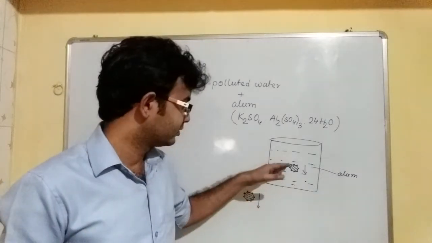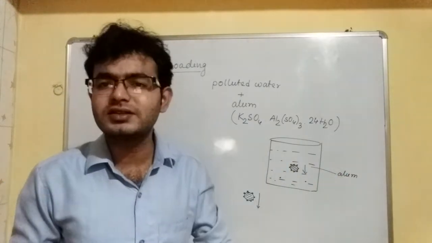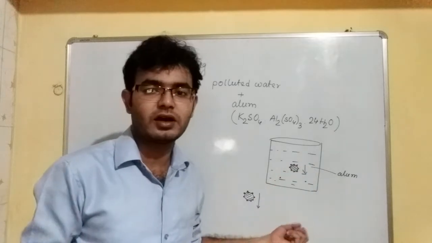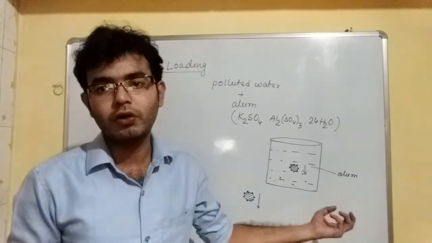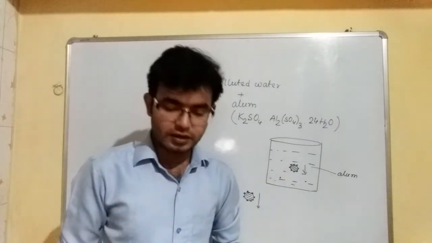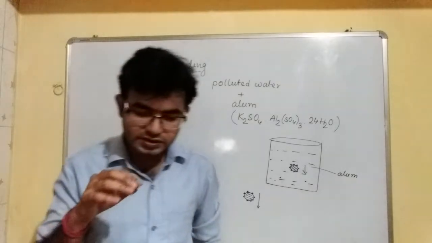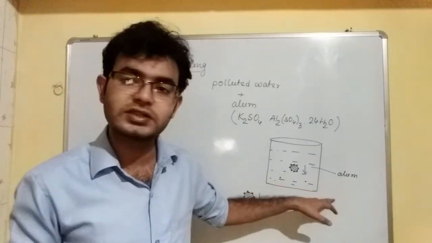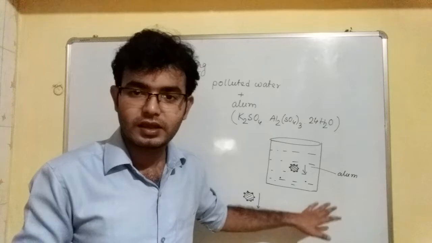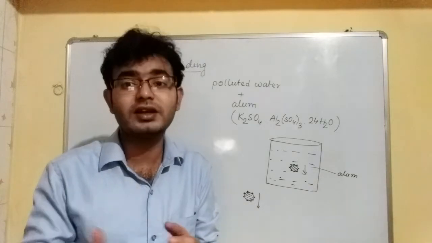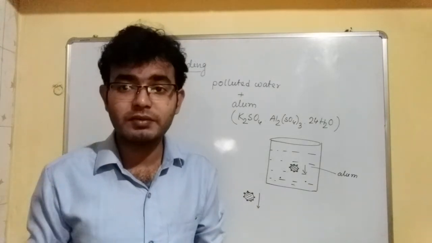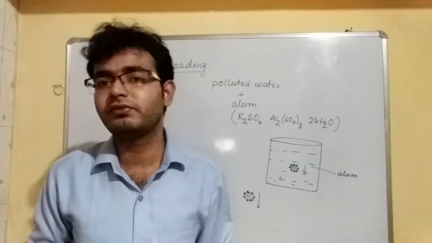Now, the small particles which were not getting settled down now get settled down by the action of alum. So, we settle down the suspended impurities. Now, we can remove these impurities by using filtration.